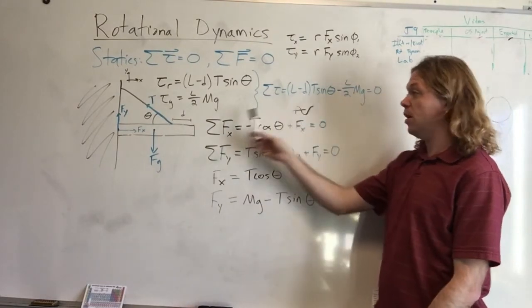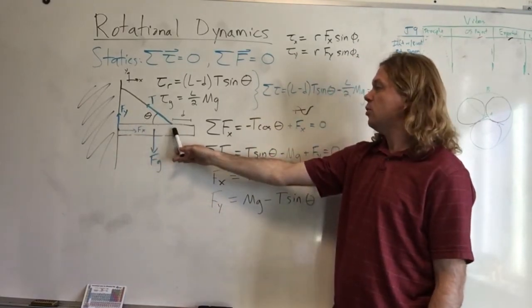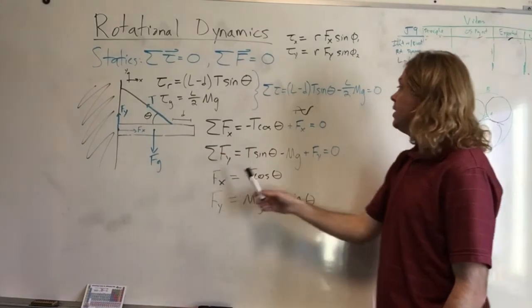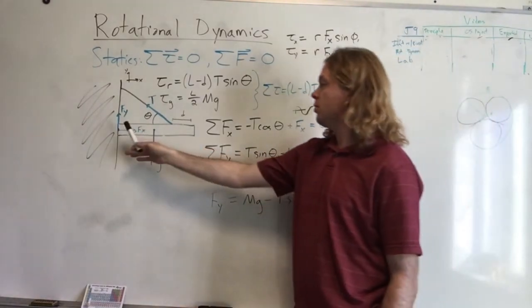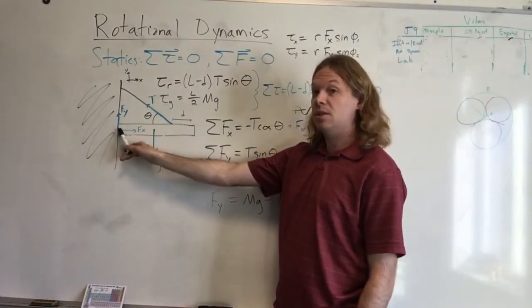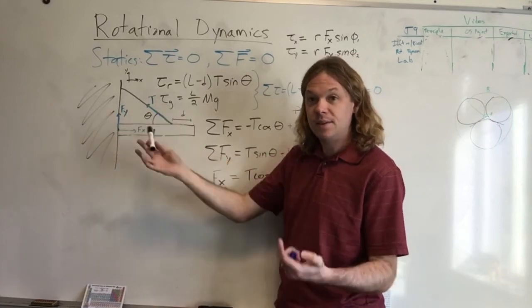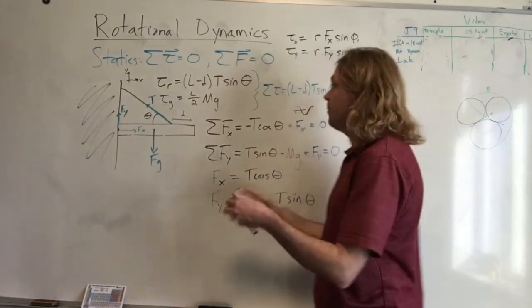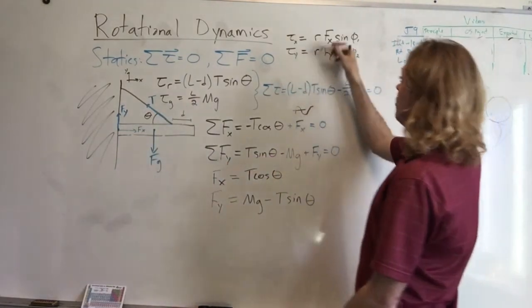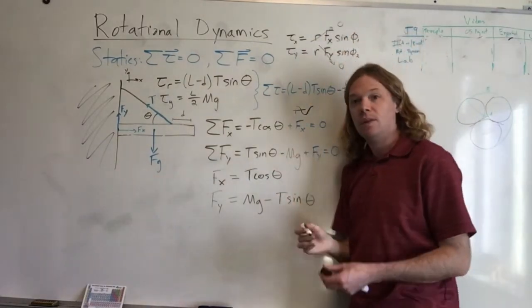This is the distance from the point that it's pivoting at to the place the torque is being applied. Same with the gravitational force, it's from the pivot point to the center of mass, L/2. What's the distance from the pivot point to the point at which the pivot is acting? That's 0. It's acting at the pivot point. So these r's are 0, and both of these things go away.